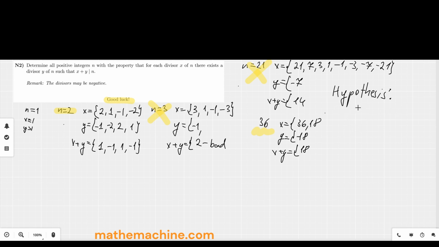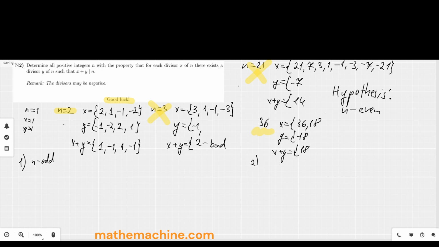The hypothesis is that n should be even. And in order to work with this hypothesis, we have to work with the following statement. First of all, we need to prove that when n is odd, it doesn't work.